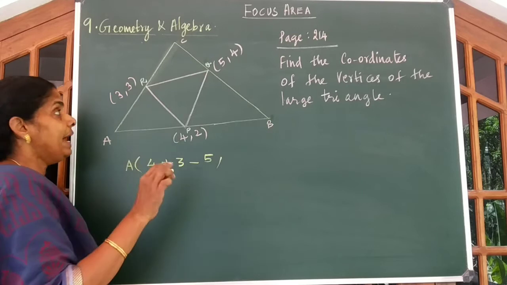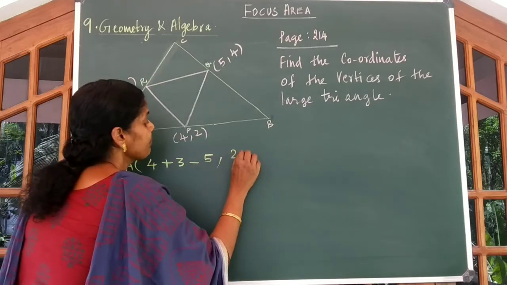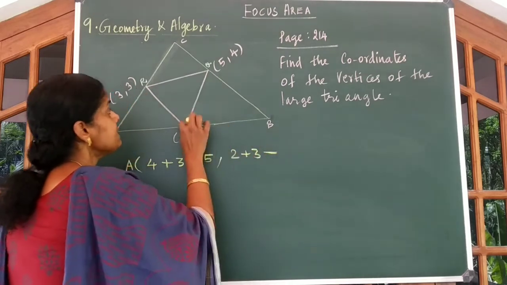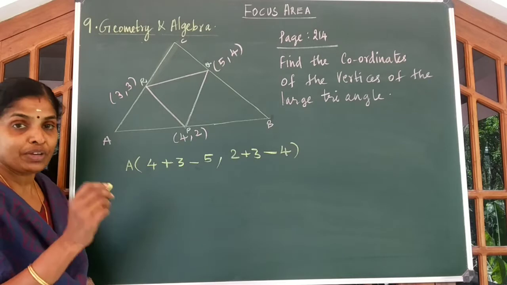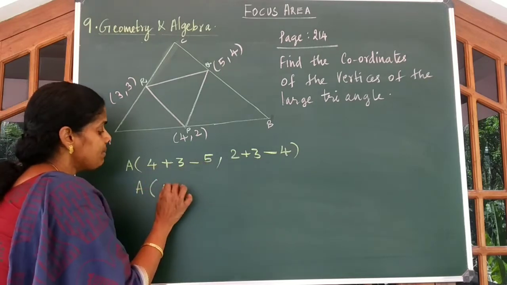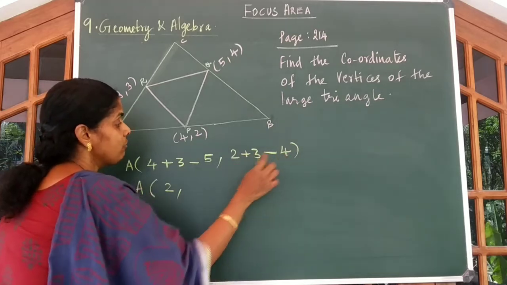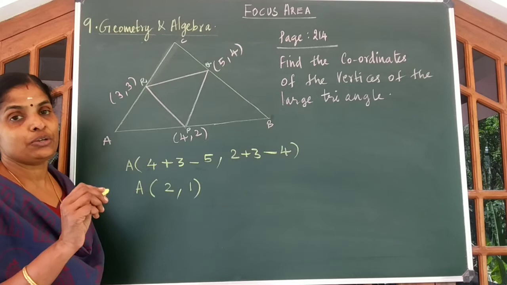Similarly, add the y coordinates: 2 plus 3 minus 4. So very easily we can write the coordinates of A as 7 minus 5, which is 2, and 5 minus 4, which is equal to 1. Hope the idea is clear to you children.